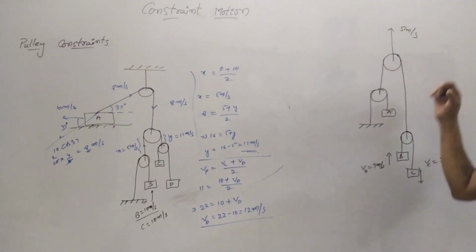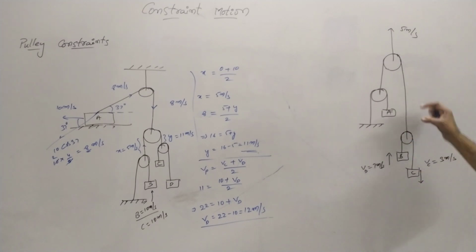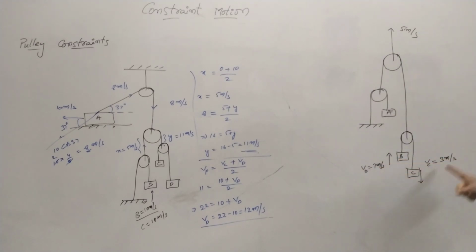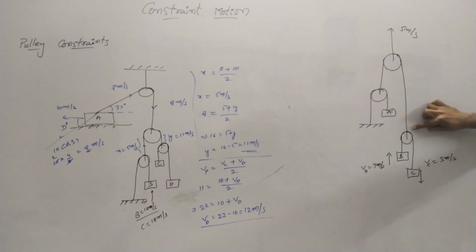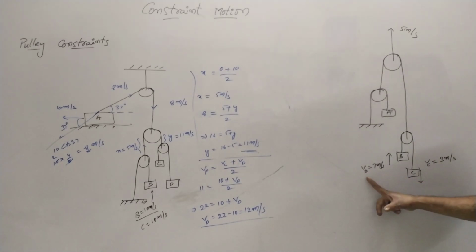Let's see another problem. Here observe that the pulley is moving in the upward direction with a velocity of 5 meter per second. We have to find the velocity of this block A. In order to find this, let us consider this system. Based on that, we have to find the velocity of the pulley, thereby we can represent the velocity of the string. Here observe this, the velocity of the block B is 7 meter per second.